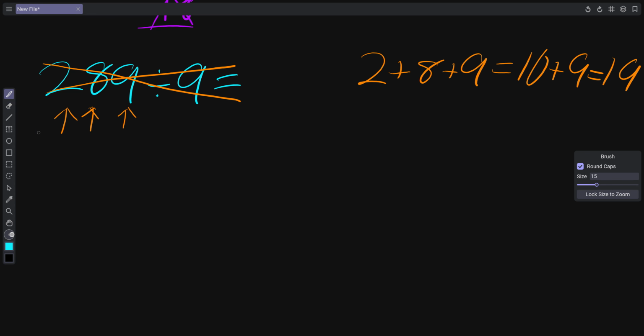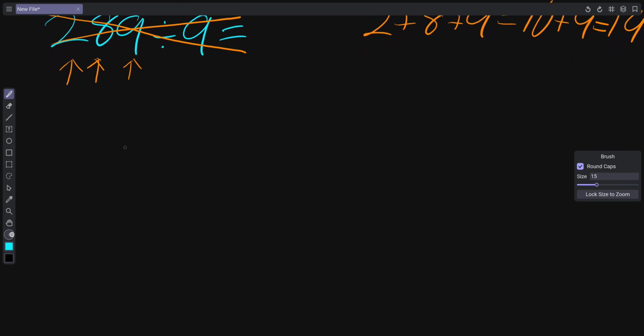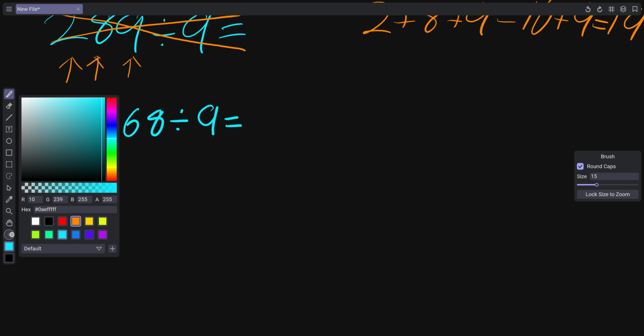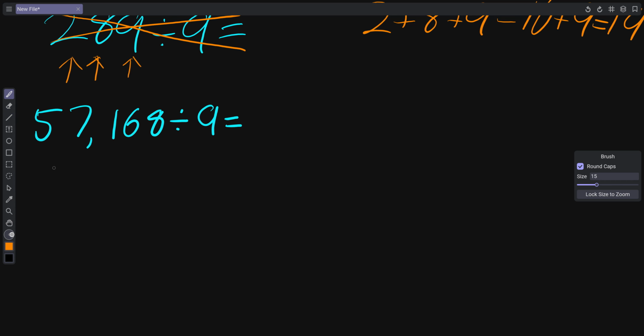But let's try one more example, and let's say we had a much larger number. Let's say we had 57,168. We wanted to see if we could evenly divide 9 into this. Well, we do the same test. We look at all of these 5 digits, and then we're going to add them together. So we're going to do 5 plus 7 plus 1 plus 6 plus 8.